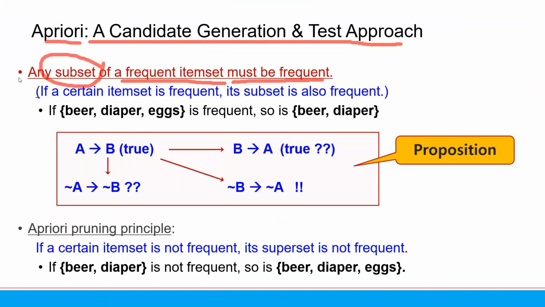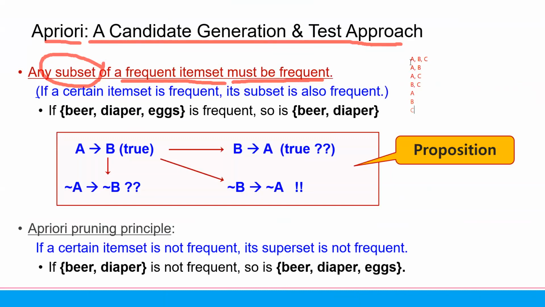If you see A, B, and C, I have this set. If A, B, C is frequent, then AB is frequent, AC is frequent, BC is frequent, and then A is frequent, B is frequent, and C is also frequent.